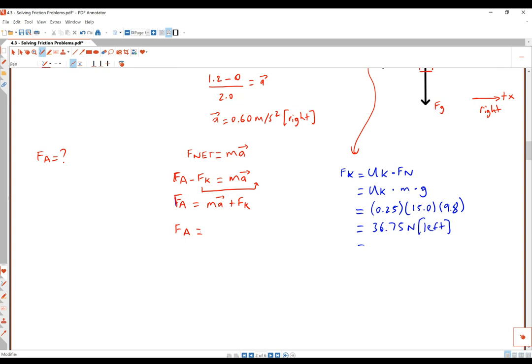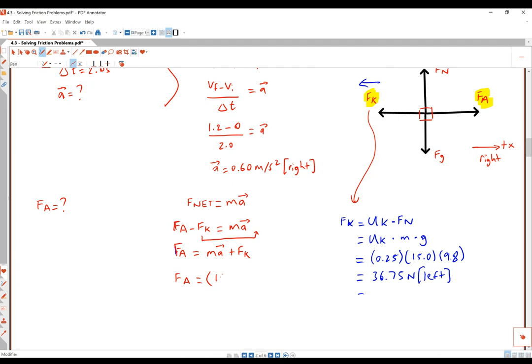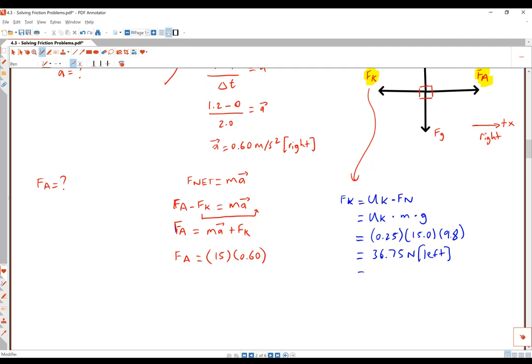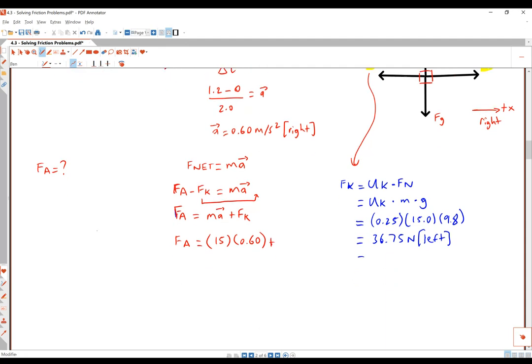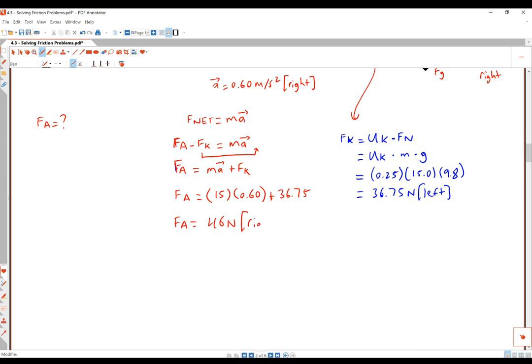Our applied force is equal to our mass, 15, multiplied by our acceleration from the previous part, which is 0.60, plus 36.75. So our applied force is now equal to 46 newtons, and the direction of the applied force is towards the right, so we also have to give it a direction since it is a force and a vector.